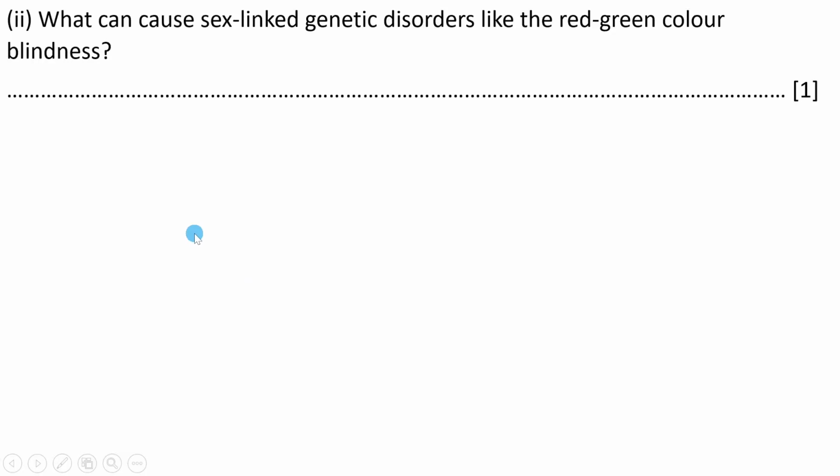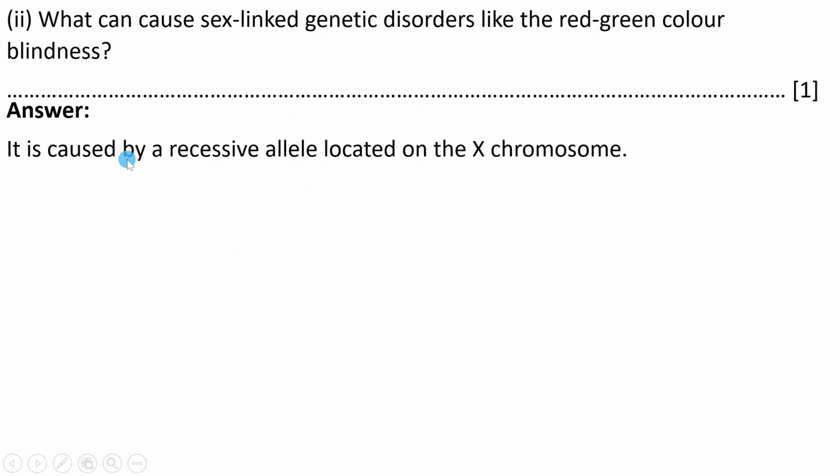Now, the second question was: what can cause a sex-linked genetic disorder like red-green color blindness? To answer, it is caused by a recessive allele located on the X chromosome.